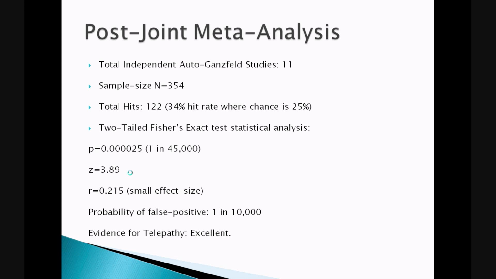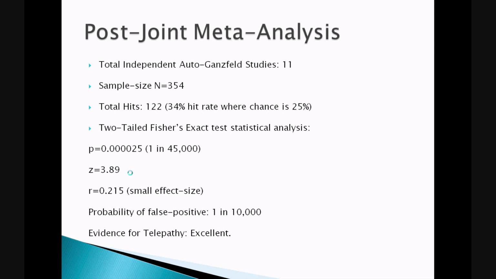The PRL Auto-Ganzfeld studies continued until September 1989. Out of 354 Ganzfeld sessions, 122 produced direct hits. This 34% hit rate was similar to the 37% hit rate of the 1985 meta-analysis, or MA for short.